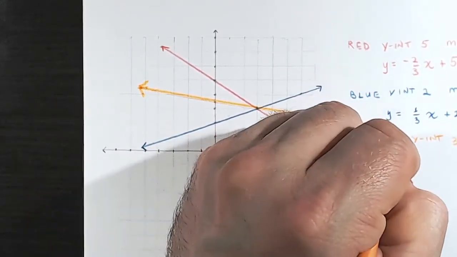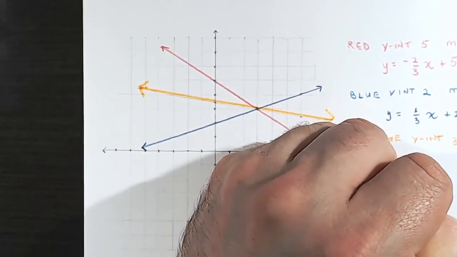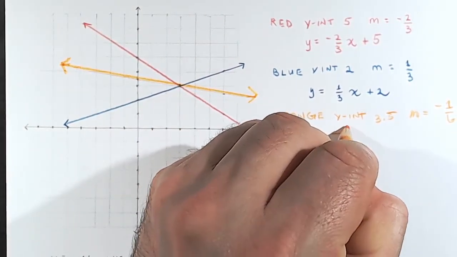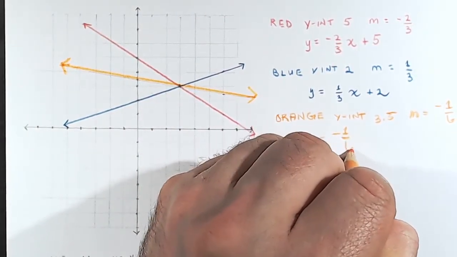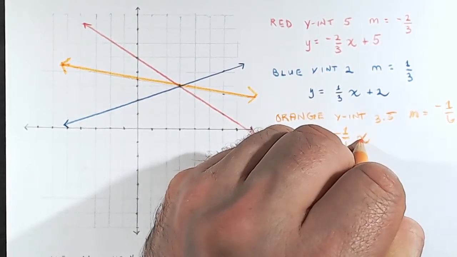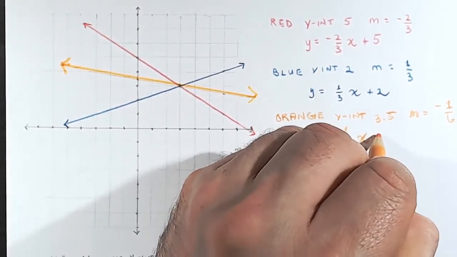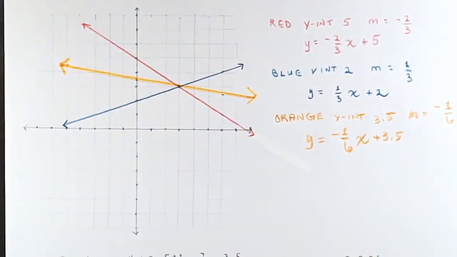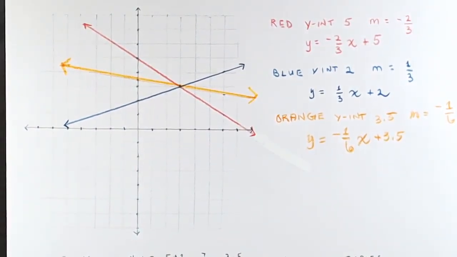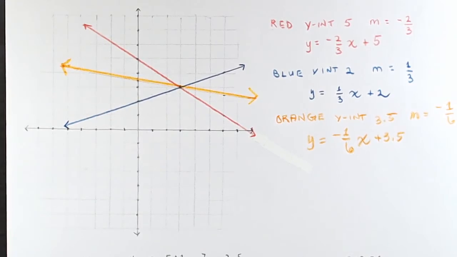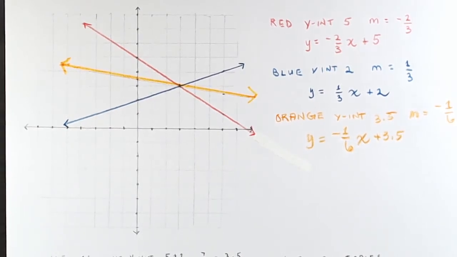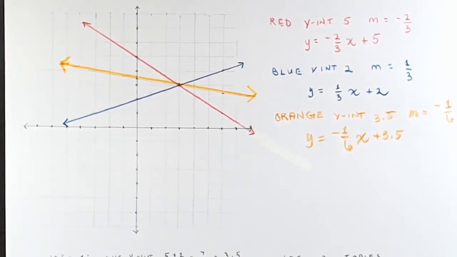So my equation is y equals negative 1/6 x plus 3.5. Now I wonder if it would work with parallel lines. I imagine it would work. I think this is really interesting.